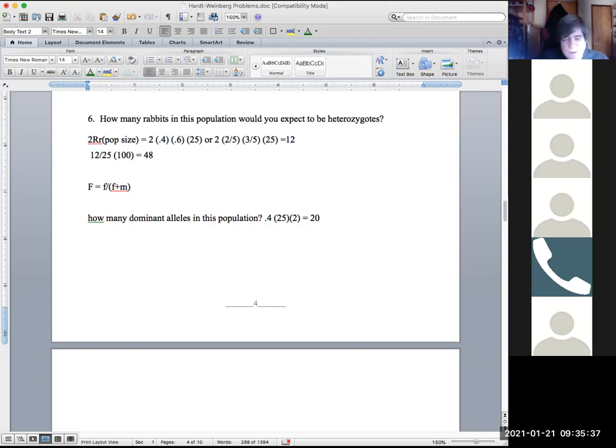Now notice there is another way we could figure out the dominant alleles. It's much more work.